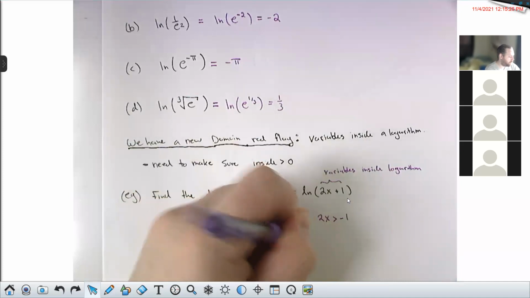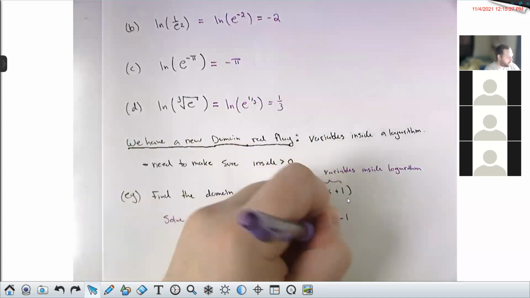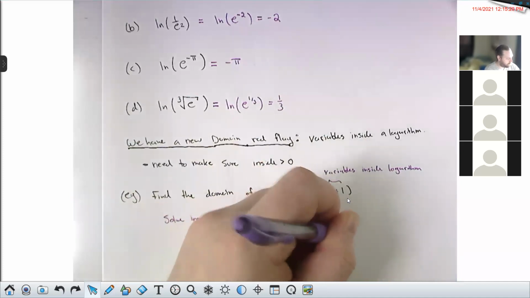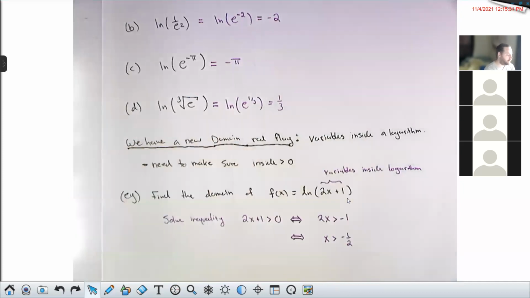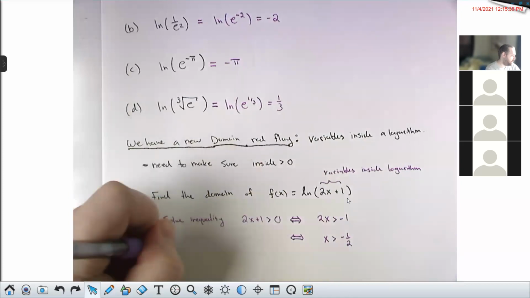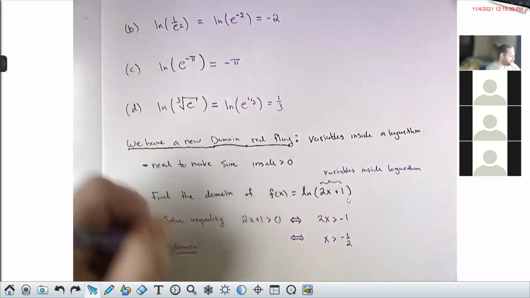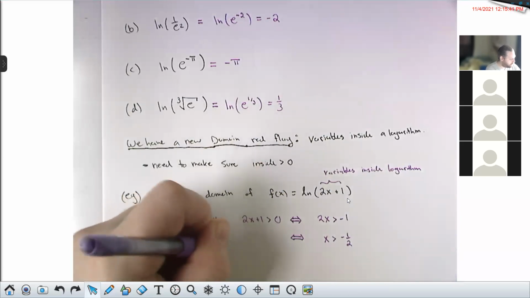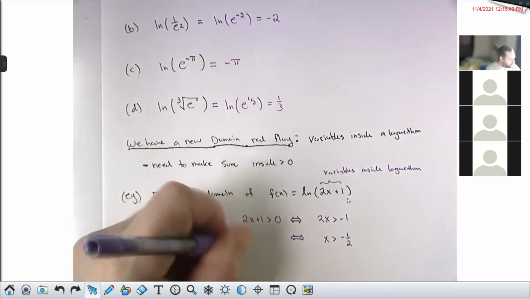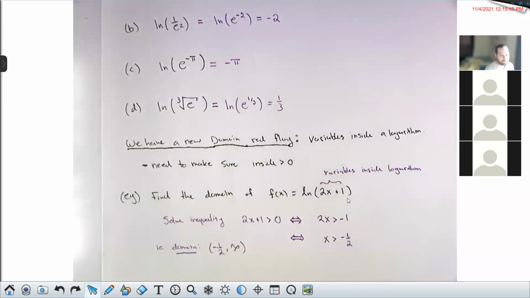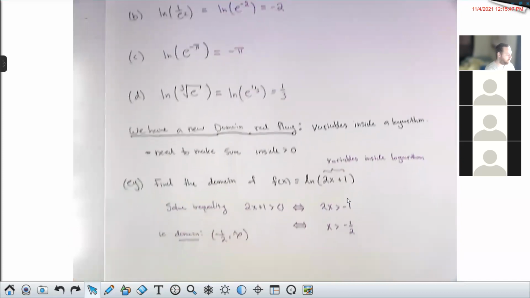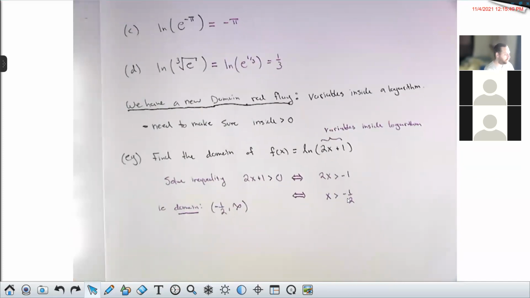And then we can divide both sides by 2, and we get x is greater than -1/2. And that's your domain, i.e., the domain would be the interval -1/2 to infinity. All of the x's which are bigger than -1/2.